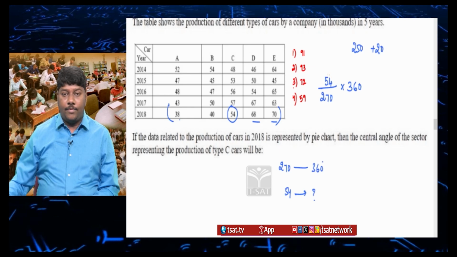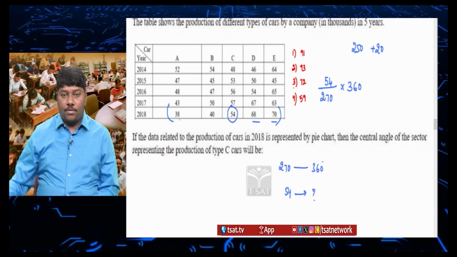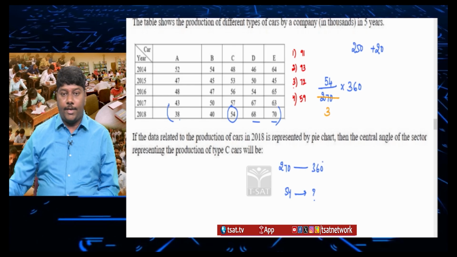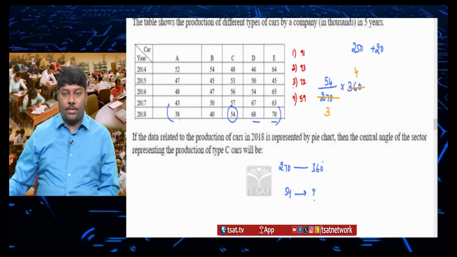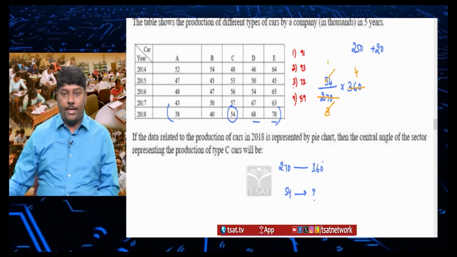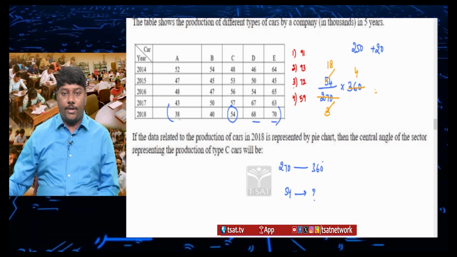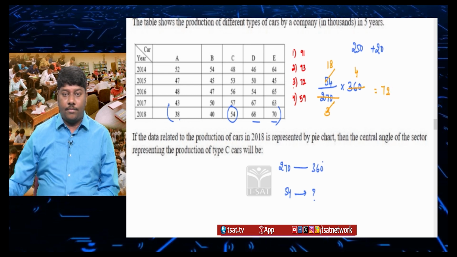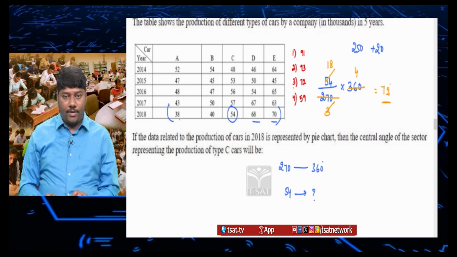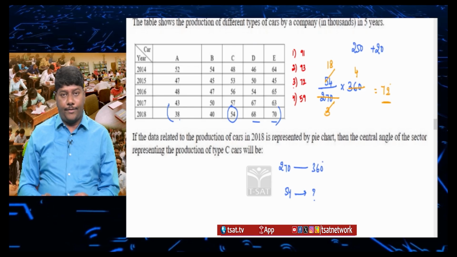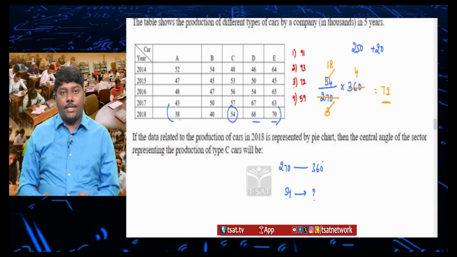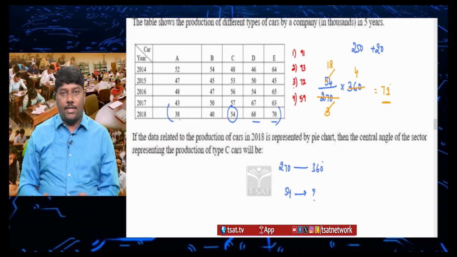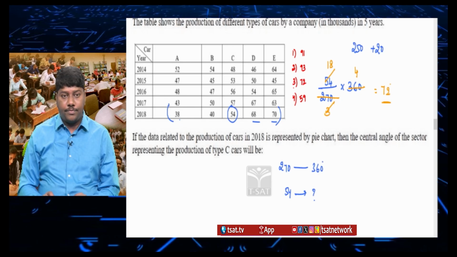So we can cancel. 9 3s are 27, 9 4s are 36, 3 1s are 3, 18 4s are 72 degrees. If you know calculations well, 54 5s are what? 270. Therefore, you can say it is 1/5 of 360, that is 72 degrees.